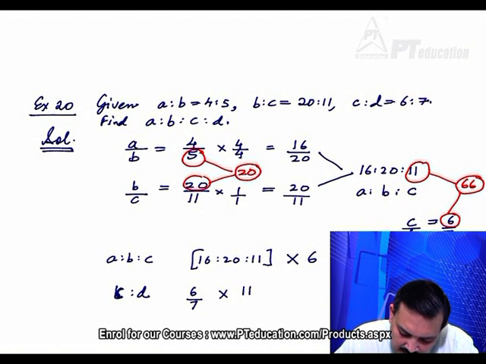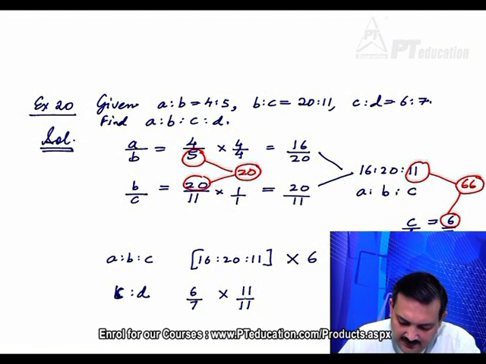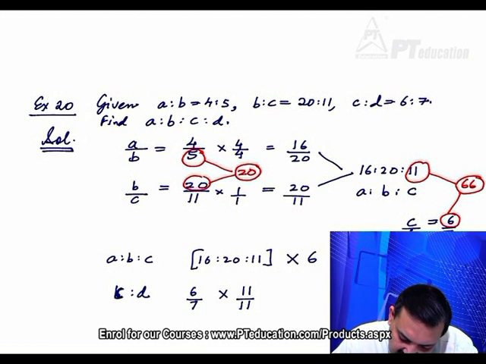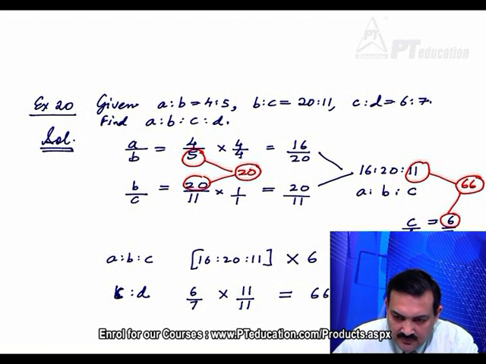We'll have to multiply it throughout by 11. So the first one will give us 16 into 6, which will be 96, 20 into 6, 120, and 11 into 6, 66. And in the second case, we will have 66 is to 77.